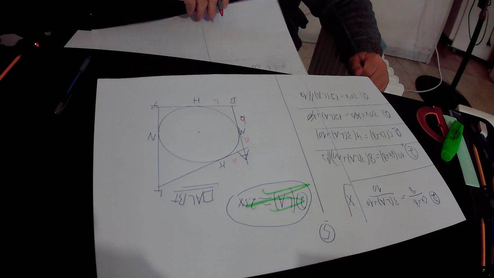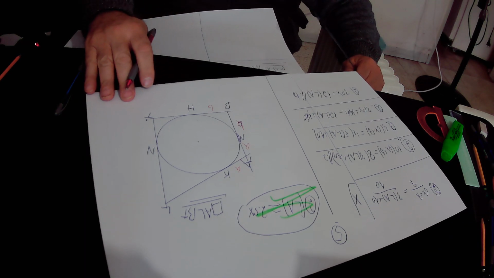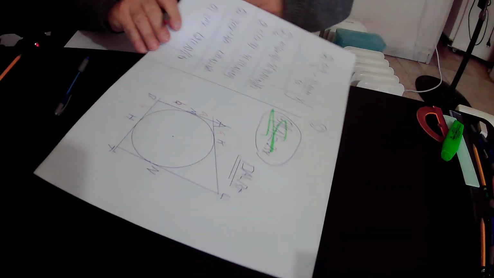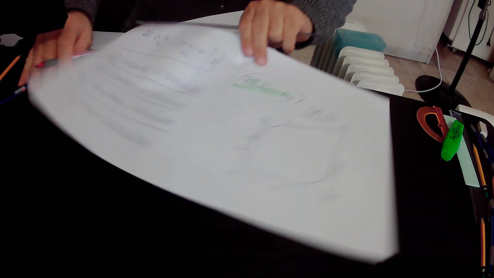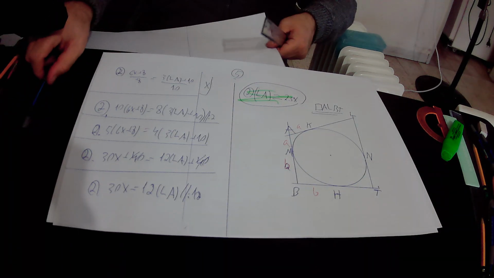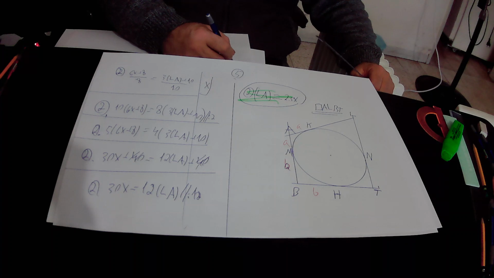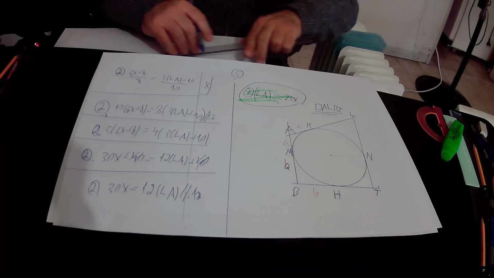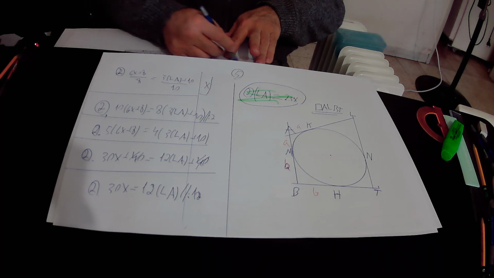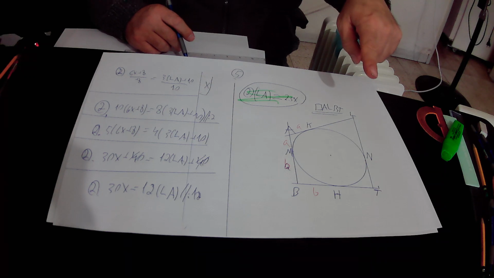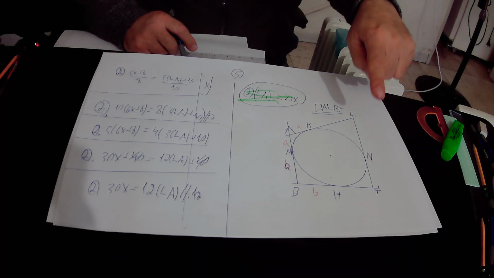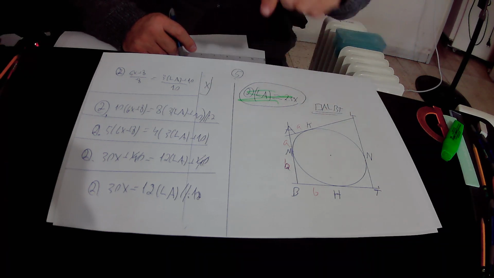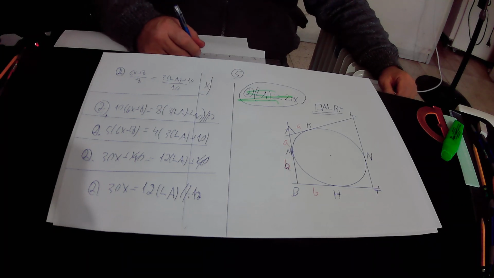In the next step we will focus on the common external point, point T. From the common external point, point T, we have two tangents to the circle, tangent TN and tangent TH. And according to rule 2, they are equal to each other.